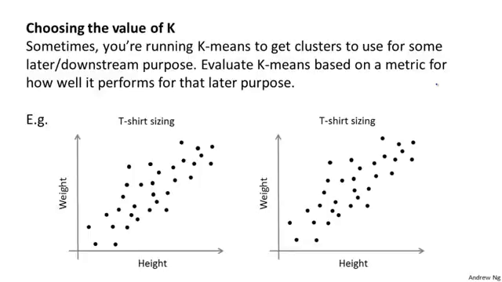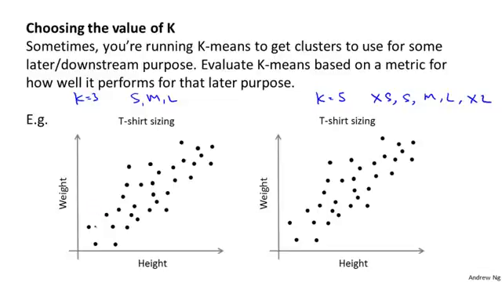Let's say we go through the t-shirt sizing example again, and I'm trying to decide, do I want 3 t-shirt sizes? So if I choose k equals 3, then I might have small, medium, and large t-shirts. Or maybe I want to choose k equals 5, and then I might have extra small, small, medium, large, and extra large t-shirt sizes. We could also have 4 t-shirt sizes, and I'm just showing 3 and 5 to simplify this slide for now.